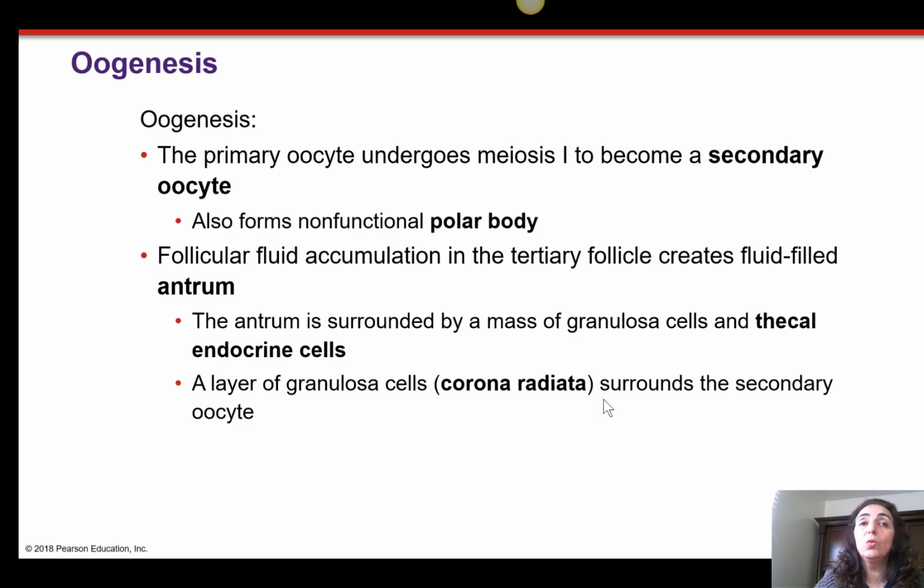That releases the oocyte from the ovary, and it then gets into the uterine tube to continue its life, right? At that time, this layer of cells, the corona radiata, is still covering the secondary oocyte, right?